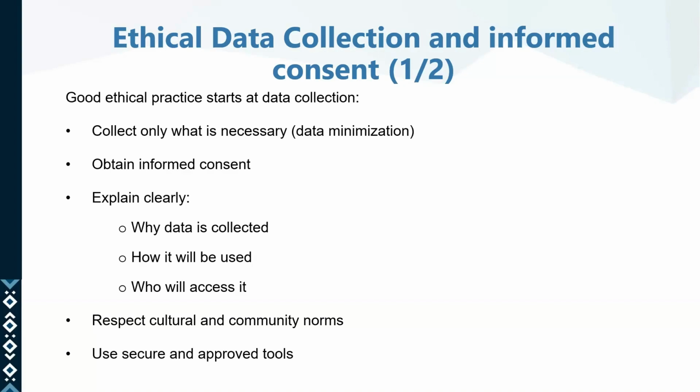We should explain to the participant why their data are being collected, how those data will be used, and who will access the data later on. We should also respect cultural and community norms. Use secure and approved tools, because at the end of the day, we should remember that the researcher is responsible for anything that will happen to those data later on.